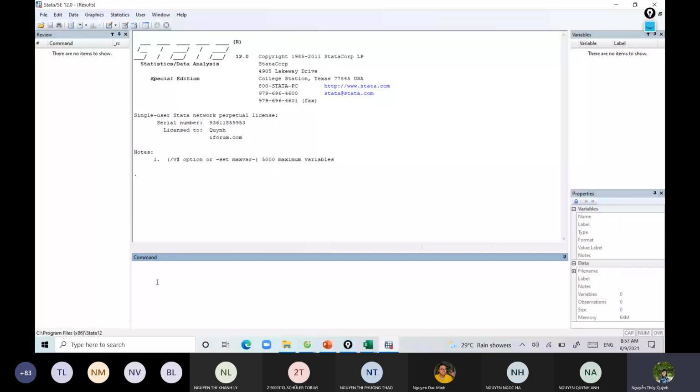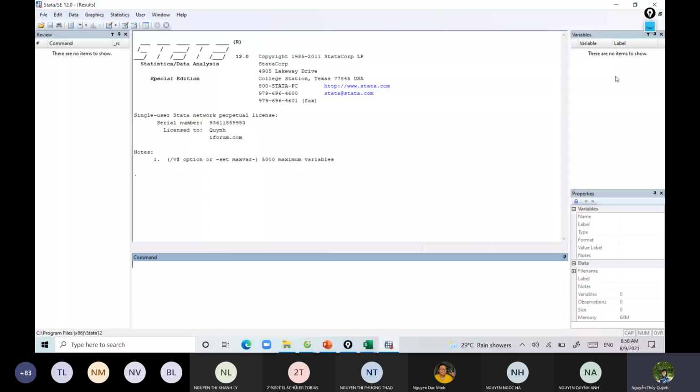Then Stata will run the command and the result will be shown here. This one is the review window, and all the commands that you have made in this session will be shown in this column. And we have the variables window here. Right now, we do not have any data in Stata, so we have no variables here.